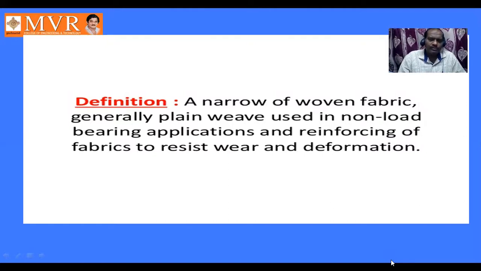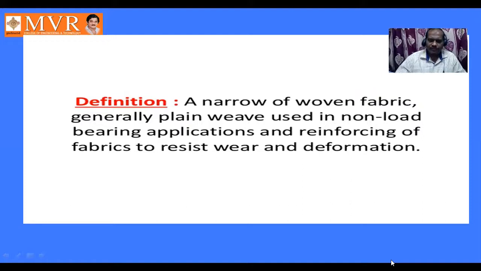If you go for domestic purpose exclusively inside the home, that means inside the sunlight area, we are going to use an electrical tape. That is not a woven fabric, that is made up of one type of plastic material.